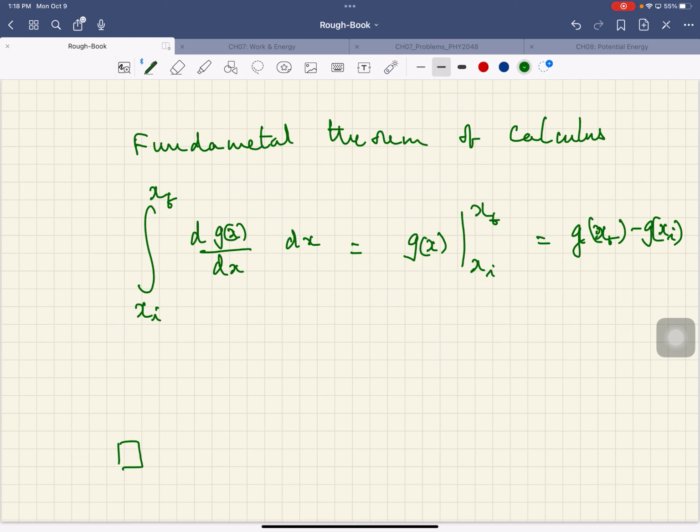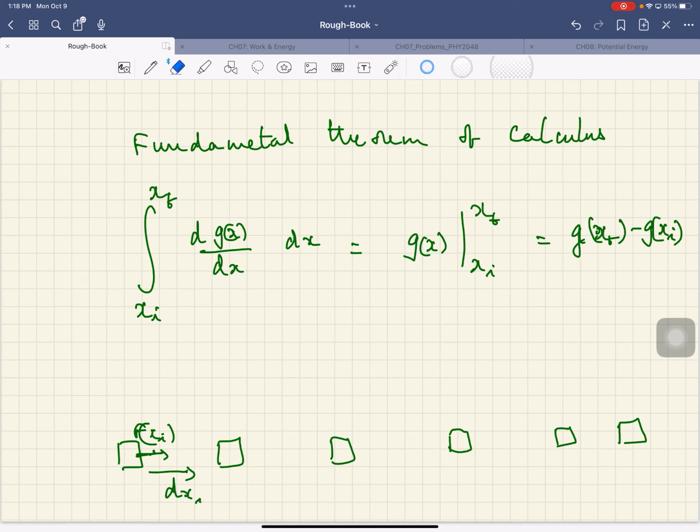Let's say you're pushing on a box. Here at this position, that's the force you applied, and it moved dx. So the work done for this stretch was f(x) dx.